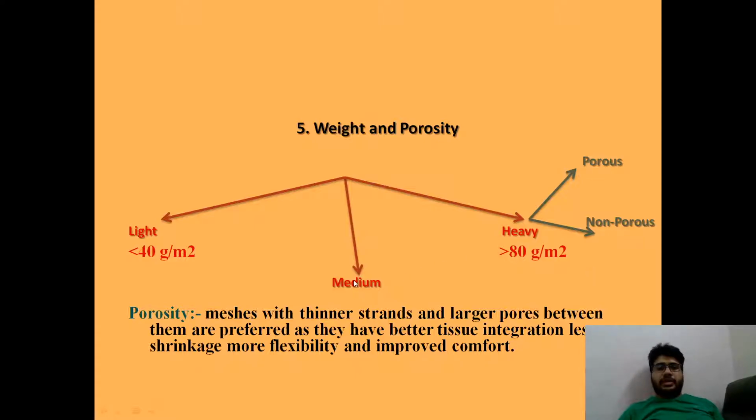Medium ones are in between the two. Again, they can be classified into porous ones and non-porous ones. Meshes with thinner strands and larger pores between them are preferred because they have better tissue integration and less shrinkage, more flexibility and improved comfort to the patient.